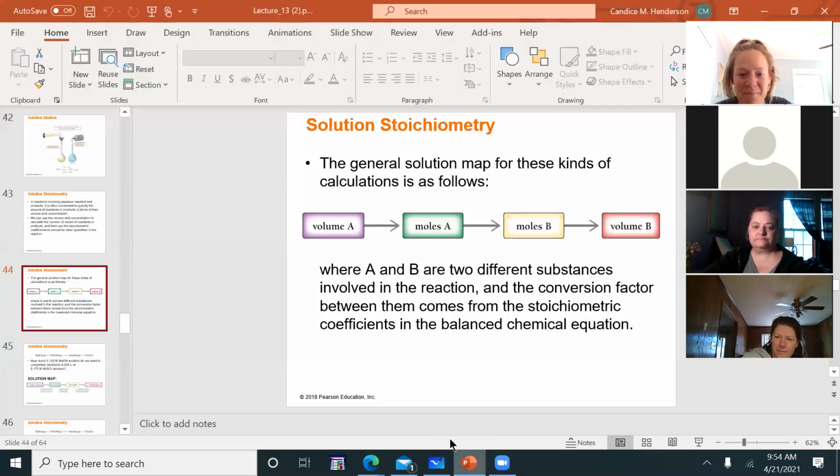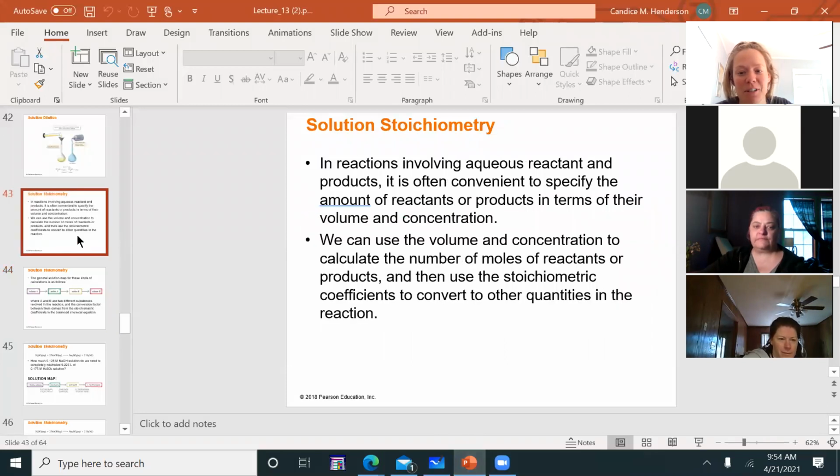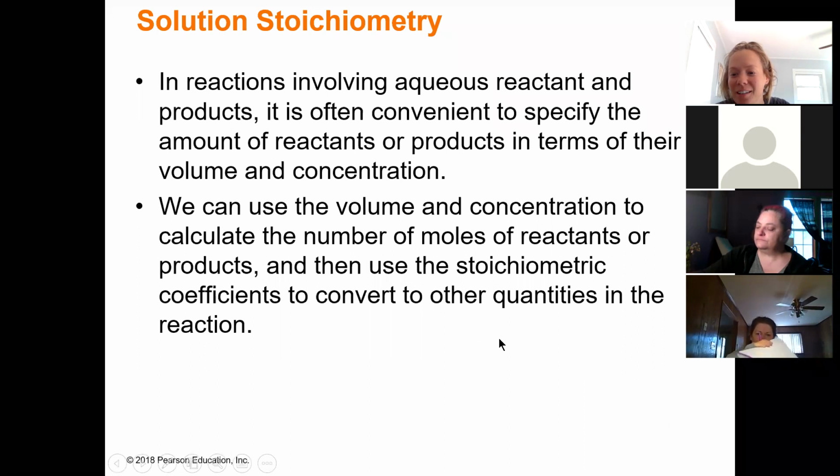Okay, so let's move to solution stoichiometry. Remember stoichiometry from a while ago, where we went from grams of one thing into moles, and then we were able to convert it into moles of another thing, and then back into grams, and we could use a balanced chemical equation to do so. In reactions where we're dealing with aqueous reactants and products, a lot of times it's more convenient to specify the amount of the reactants in terms of their volume and their concentration.